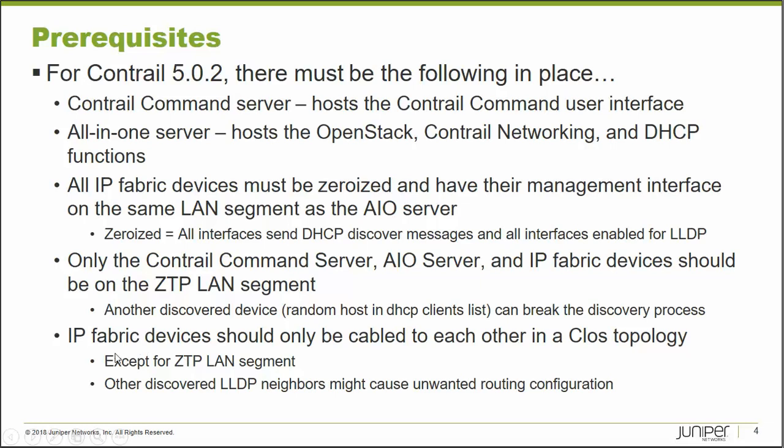The only exception to this rule is the LAN segment used for ZTP. You're putting the management interfaces there. Other discovered LLDP neighbors might cause unwanted routing configuration as well. So yeah, which I talked about. So good. Okay, that's it.